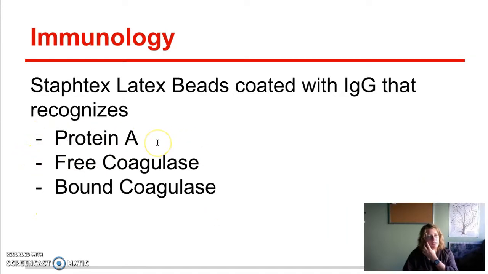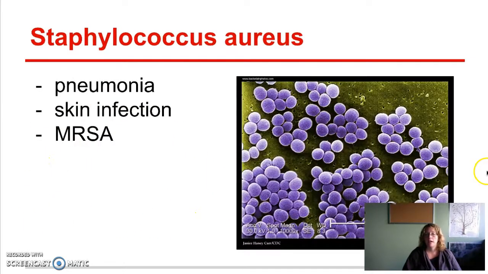But for now, we're just going to say that they are antigens found on the outside of the cell, or within the cell. Protein A, free coagulase, and bound coagulase are all found on Staphylococcus aureus. Staphylococcus aureus is a nasty thing. It causes pneumonia, and it causes hard to treat skin infections, including MRSA.